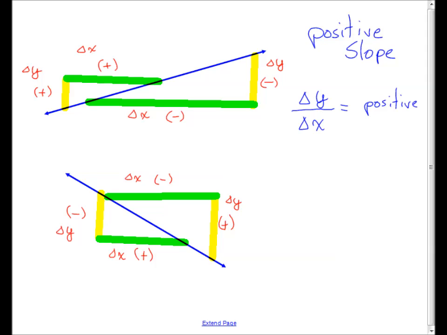Thus, the slope of the line will always be positive when rising left to right. And any line that falls from left to right will have a negative slope, because the change in y and the change in x will have different signs and will always end up simplifying to a negative value.